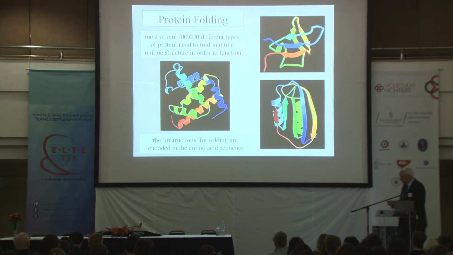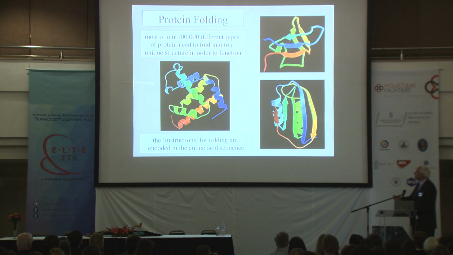So the story started with protein folding that you've heard about. We have perhaps 100,000 different types of protein within us. They do everything in our bodies, and most of them have to fold up into a unique structure in order to function. And the instructions for folding are, of course, encoded in the unique amino acid sequences of each protein.